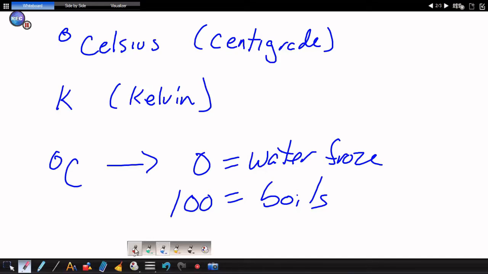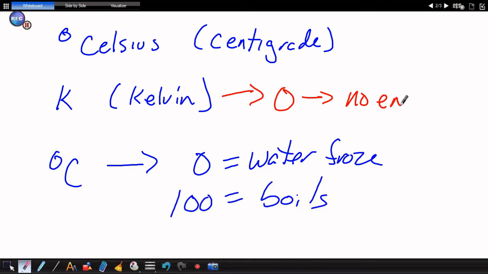All right, we'll switch colors here. All right. So for Kelvin, 0 is defined as no energy. The particles in the material, whatever they are, are no longer moving at 0 degrees Kelvin or at 0 Kelvin. And then the size of the degree is the same as Celsius.